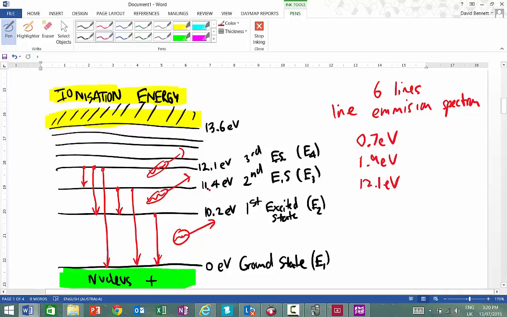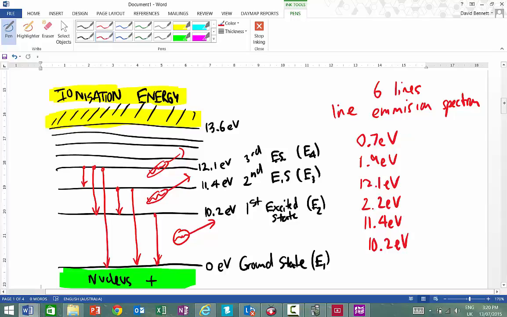If it went from 11.4 down to 10.2, it's going to be 2.2 electron volts. Then it could fall from the second excited state to the ground state, 11.4 electron volts. Or it could go straight from the first excited state to the ground state, which would be 10.2 electron volts. So I've actually found the energies of all these lines.